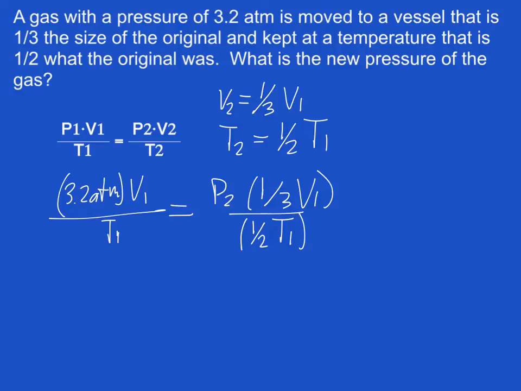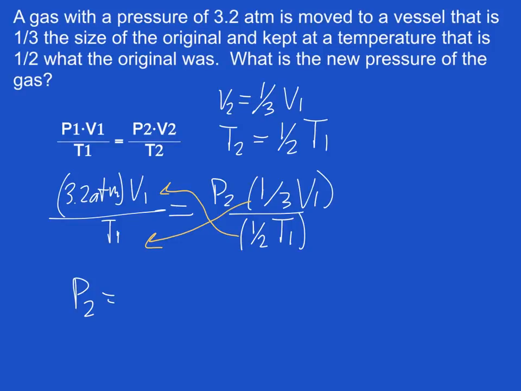Alright, so given that, we can then go ahead and rearrange and solve for P2. So P2 equals, and now what's going to happen here is 1/2 T1 will go to the top, right? I'm going to multiply both sides by that. 1/3 V1 is going to go to the bottom. I'm going to divide both sides by that. And so with a little bit of rearranging, what we're going to end up with is this.